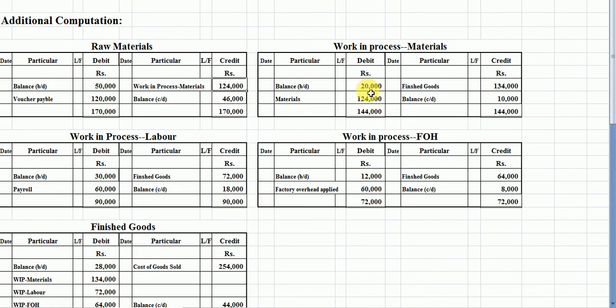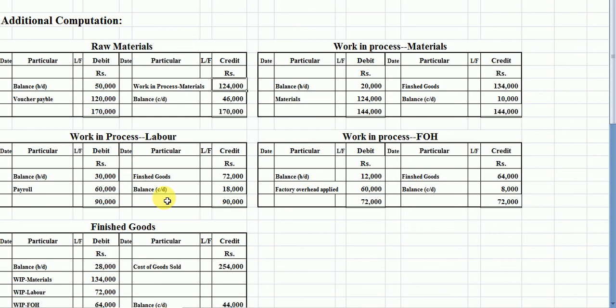Here 20,000 rupees as opening balance and 10,000 rupees as closing balance. Here the material used in the production is 1,24,000 rupees, which is used in the debit form. The balance of 1,34,000 rupees is transferred to the finished goods here.